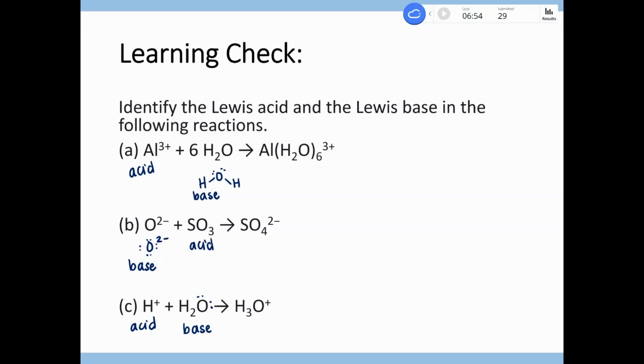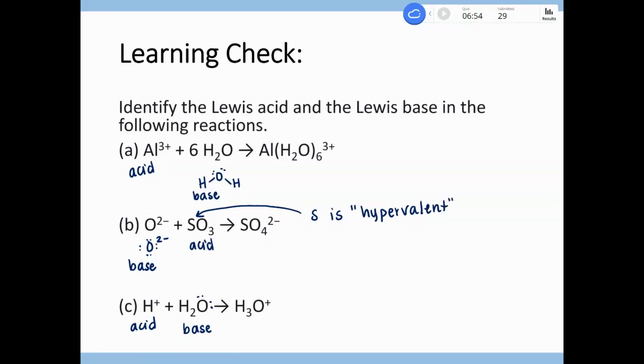So for Lewis acid-base reactions, you should be able to identify something that can accept more electrons. That's either something with an open shell, or in the second example, the sulfur. I'm not sure if we've used this word before, but I'll write it anyway.